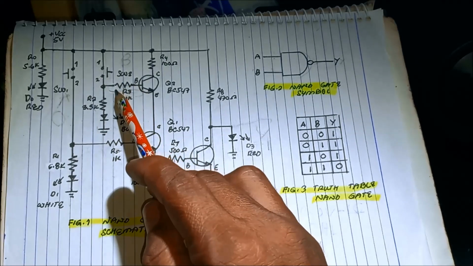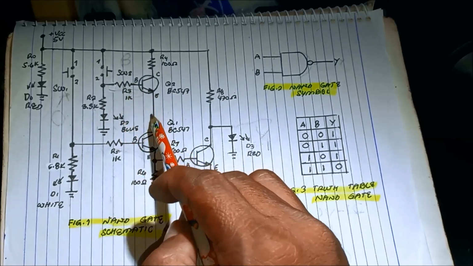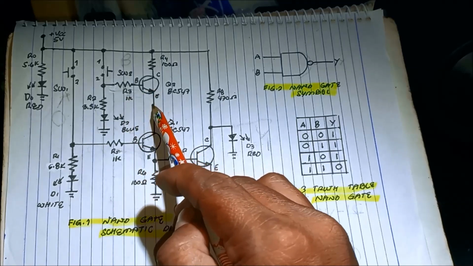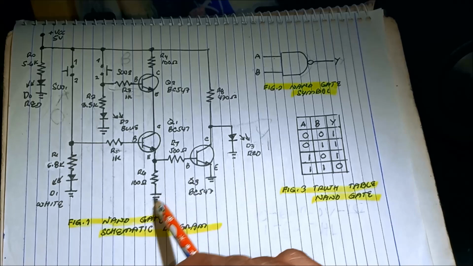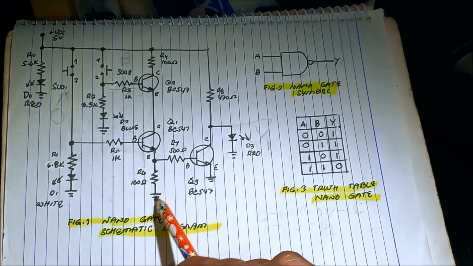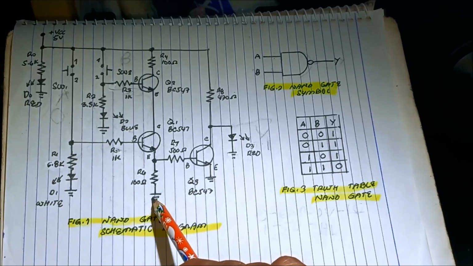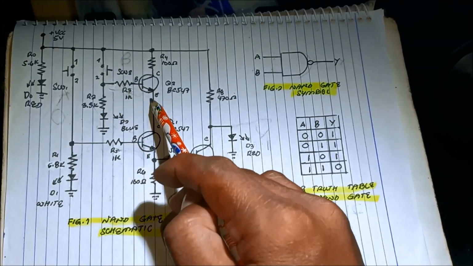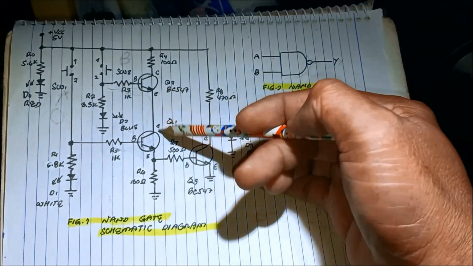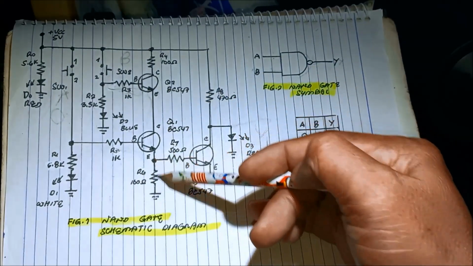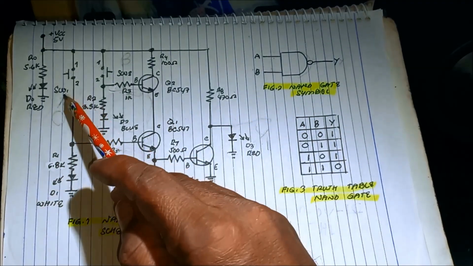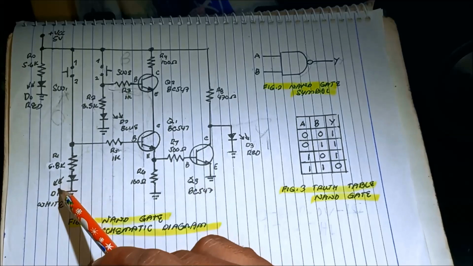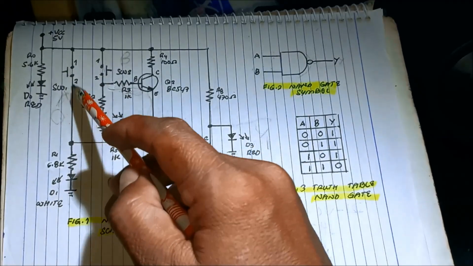It will not, and it looks for a ground somewhere here. This is the closest ground. Current will not flow from collector to emitter into the ground because switch A is open.